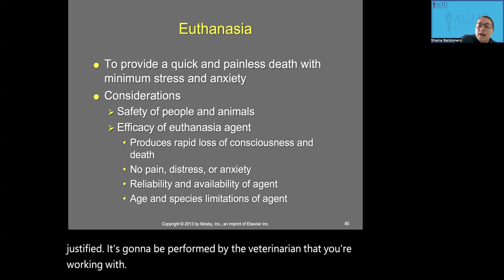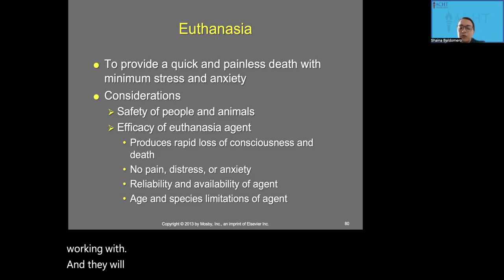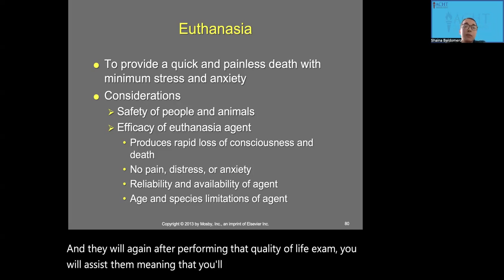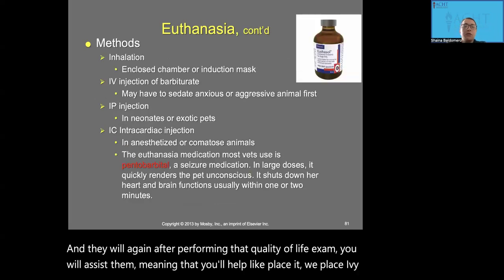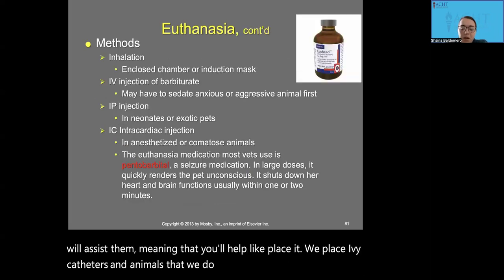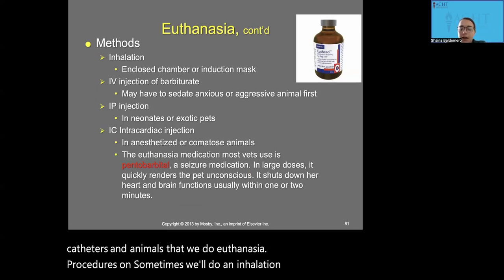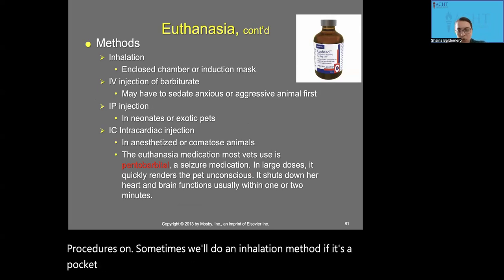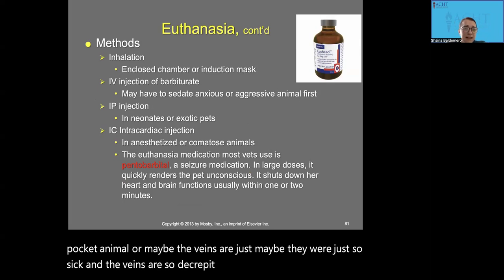And after they perform that quality of life exam, you will assist them, meaning that you'll help us place IV catheters in animals that we do euthanasia procedures on. Sometimes we'll do an inhalation method if it's a pocket animal, or maybe they were just so sick and the veins are so decrepit that we can't place anything in them.